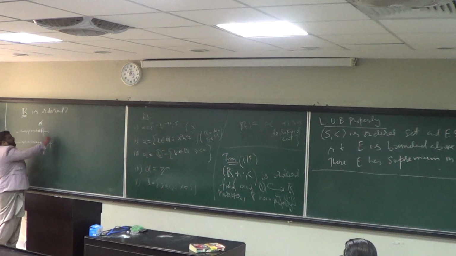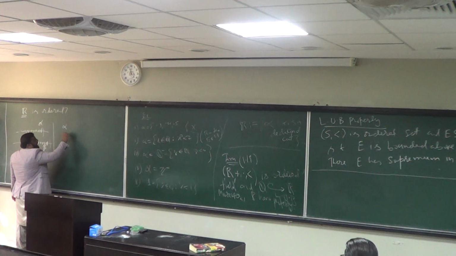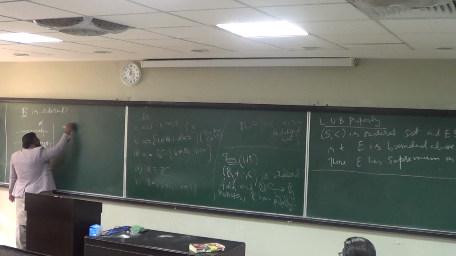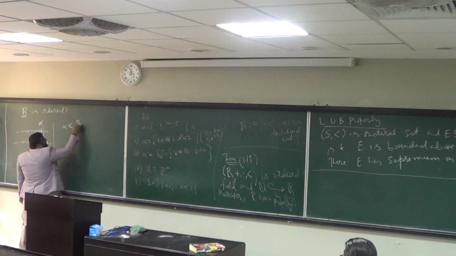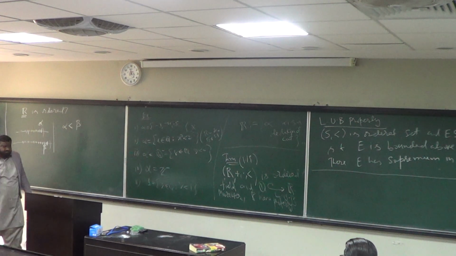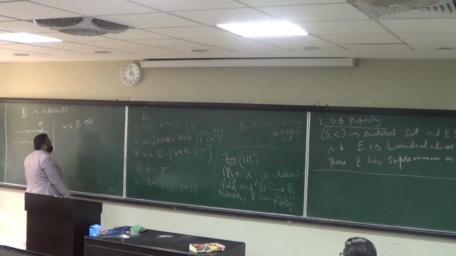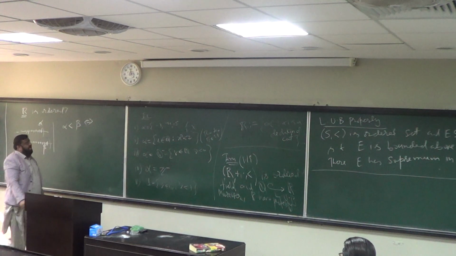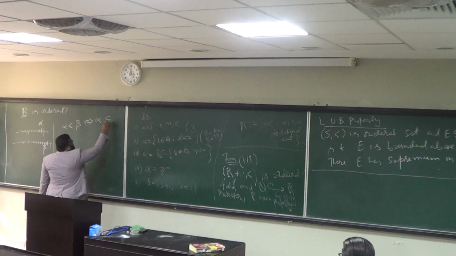So what should be the meaning of a cut being smaller than another cut? We said that this is going to be true if and only if alpha is a subset of beta, properly contained.